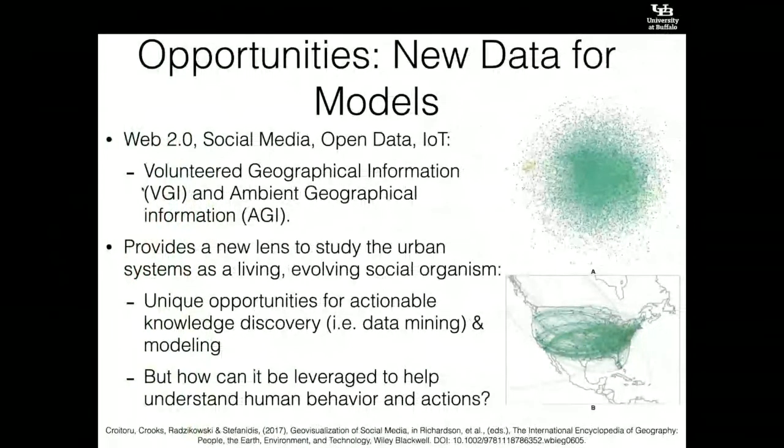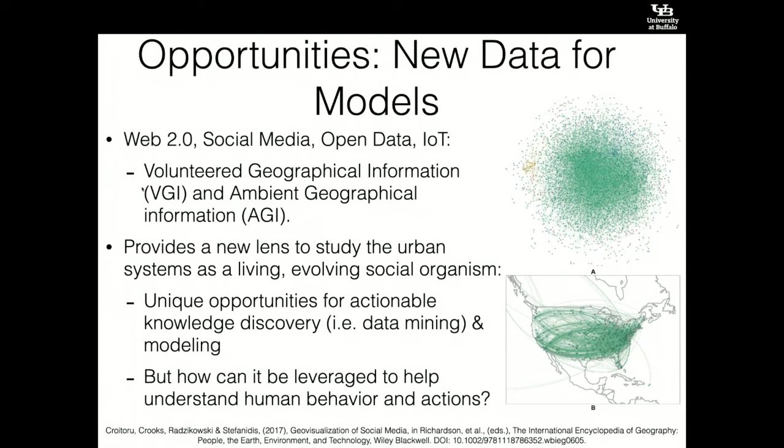So we've been building models for a long, long time, but now data is really changing the landscape of how we can view the world around us. This is enabled through Web 2.0 types of technologies, especially out of social media. We have lots of new open data initiatives.